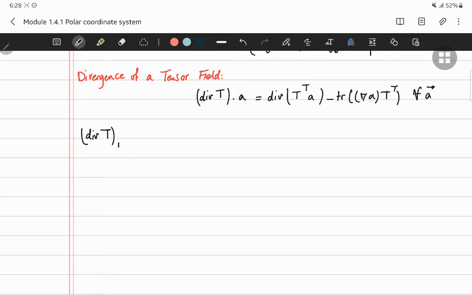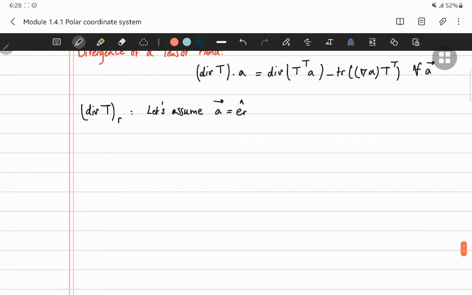So let's get started with r, where here we assume that a is equal to er. So we find the divergence of t in the direction of er.